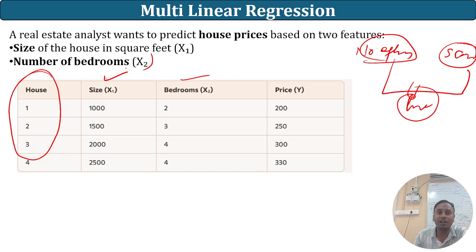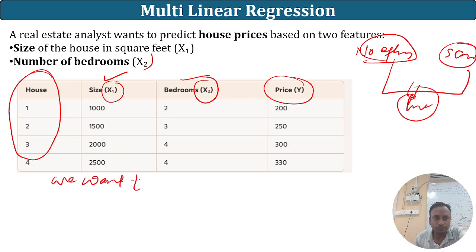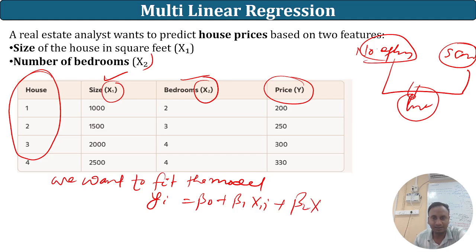But here we have size and bedrooms, x1 and x2, with their corresponding values. We want to fit the model yi equals beta naught plus beta 1 x1 plus beta 2 x2 plus error. This is the whole idea.